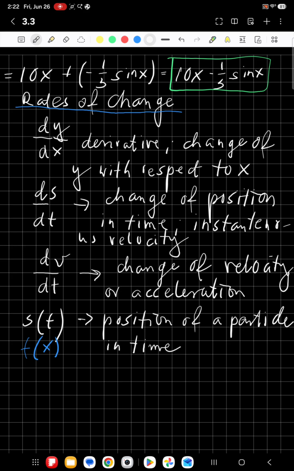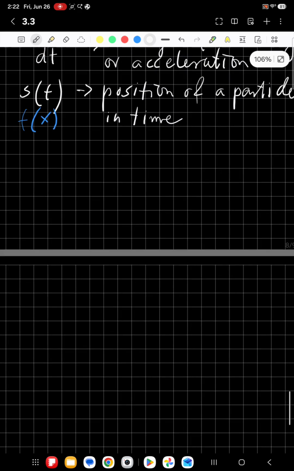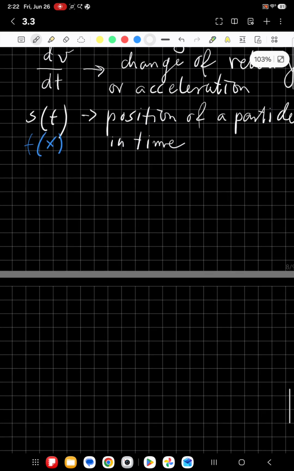And then the equivalent of, let me write that, s of t plus delta t. This would be the equivalent of what we've seen before as f of x plus h. So this is basically a position at some new time.